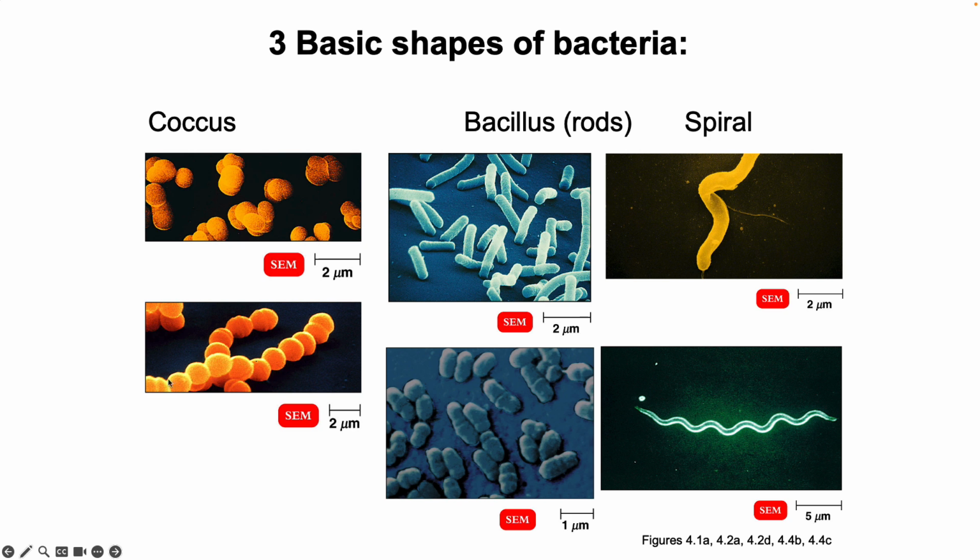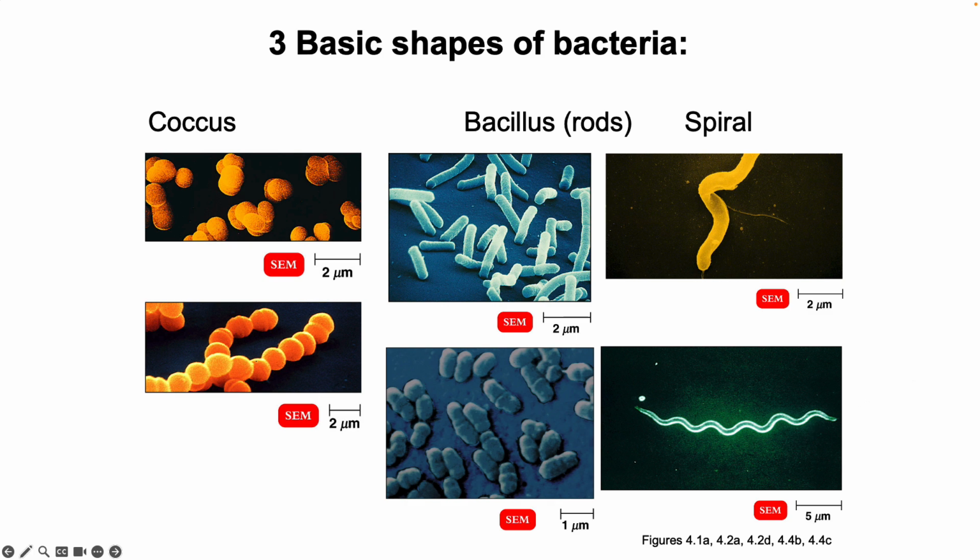These are arranged like a chain, whereas these up top are arranged more in clumps. You can have a bacillus shape or a rod shape. You can have longer rods like are shown here, or you can have these shorter rods as shown in the bottom image. And then we have spiral, and you can have a relatively simple spiral. This might be something like Vibrio, or you can have a much more complex spiral, and this could be something like Borrelia.